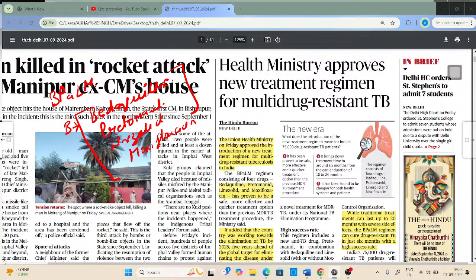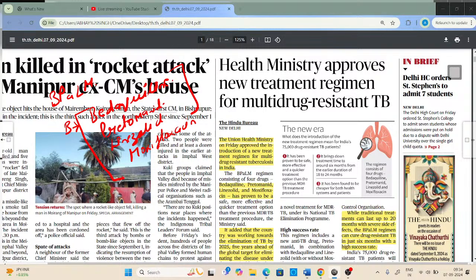So basically this BPaLM regimen is a combination of four drugs: bedaquiline, pretomanid, linezolid, and moxifloxacin. Please remember the names of all the four drugs.